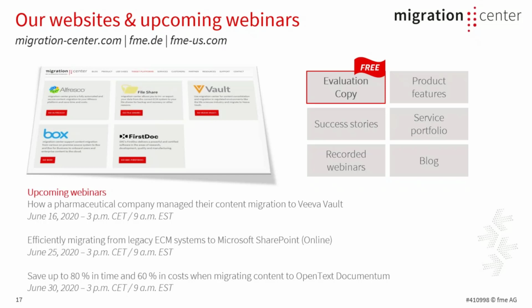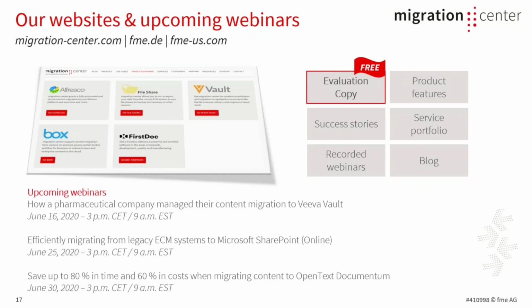This webinar today was the start of a webinar series we are conducting currently, and as you can see, we have 3 more upcoming webinars. They all evolve around the topic of content migration, but each of them is focused on a different platform. On June 16th, the next webinar, we have a webinar focusing on Viva Vault. Then on June 25th, we have one focusing totally on Microsoft SharePoint, on-premise as well as online.